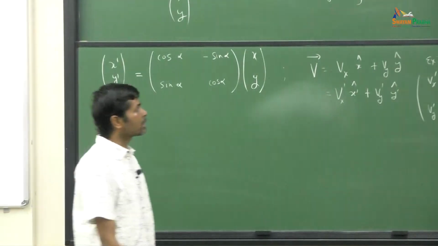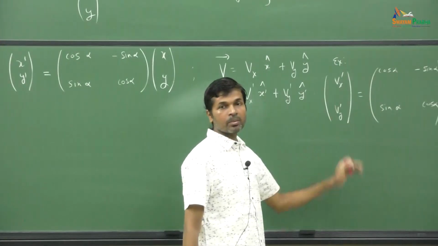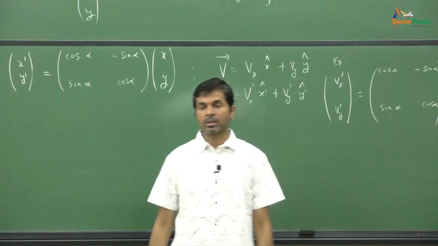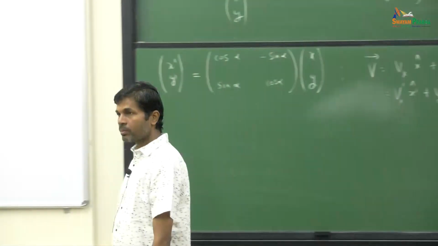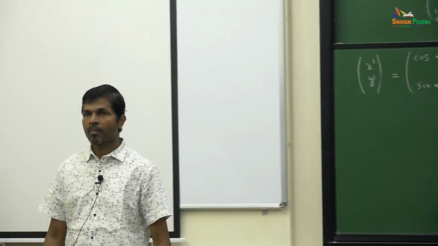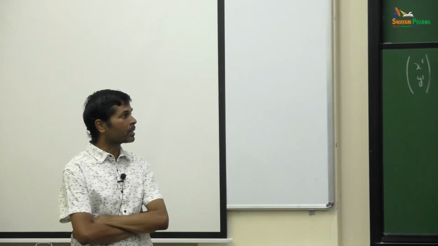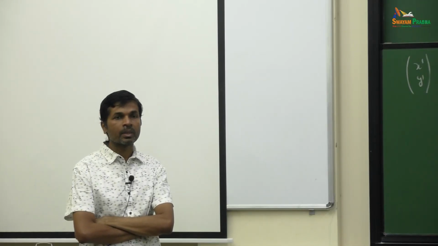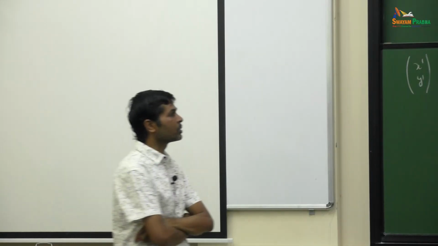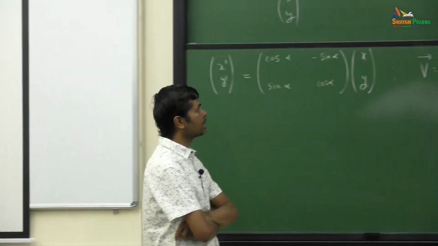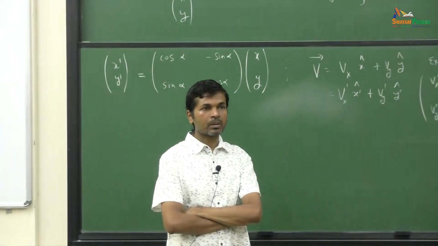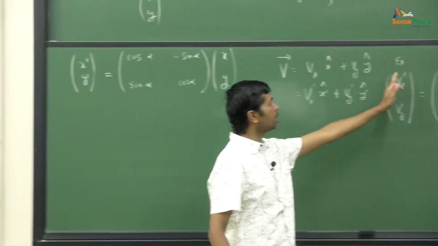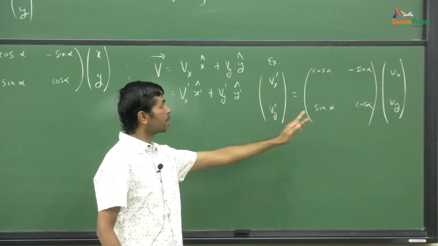From that relation you can simply derive this relation. So this is how the components of a vector are given on a plane. If you perform a rotation, then the components are related among each other. They change, but they change in a nice way.